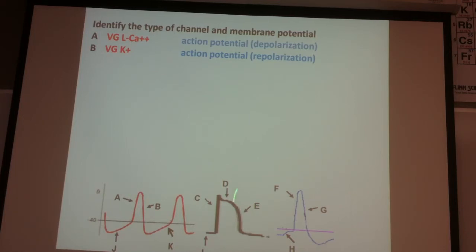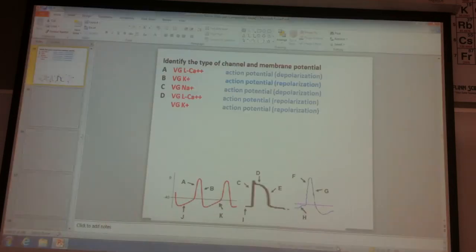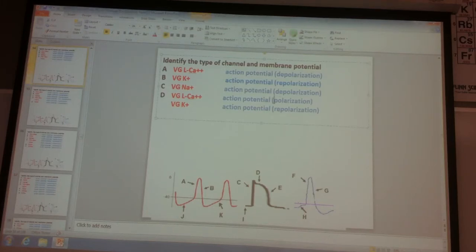All right, C, now in our contractile cell, voltage-gated sodium. The D, calcium, repolarization, and potassium, so I thought I changed this. The calcium is actually going to be depolarization, but it's slow depolarization.